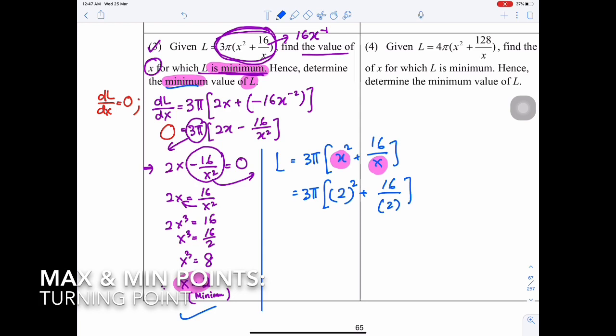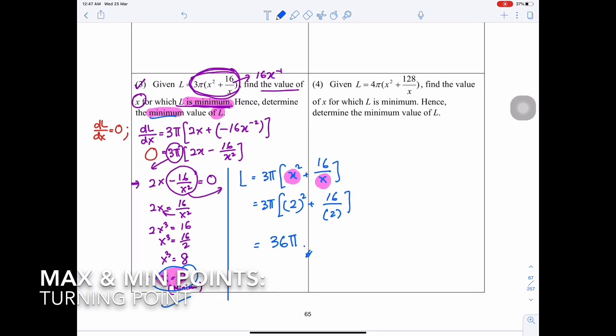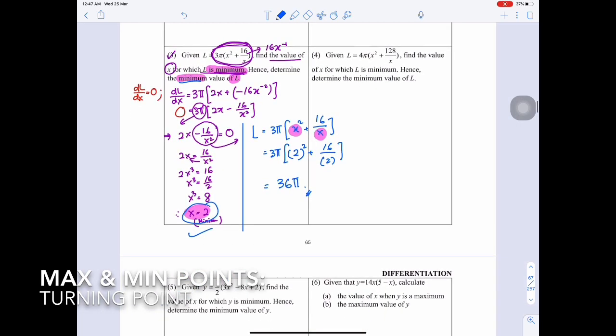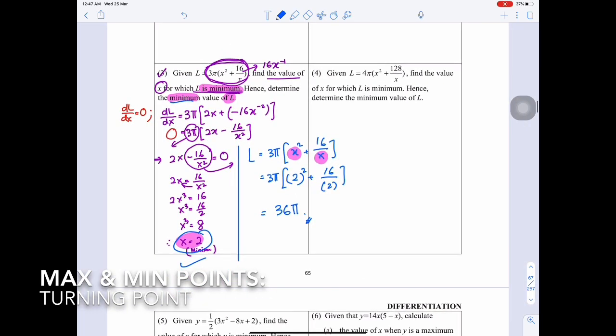As you can see, every time I substitute the value of x, I write down the bracket. Remember that. So you calculate, and you will get the answer 36 pi. Okay, that's all. Thank you.